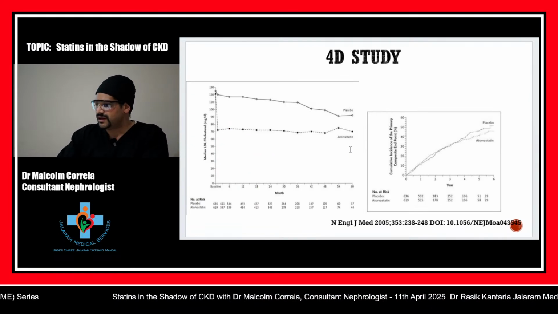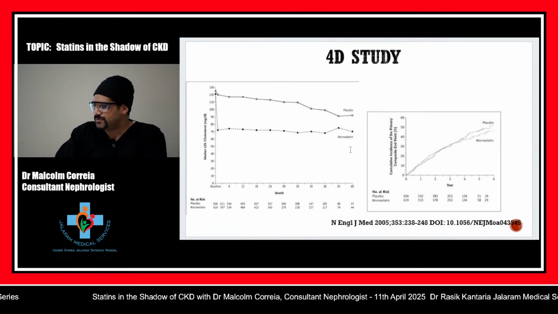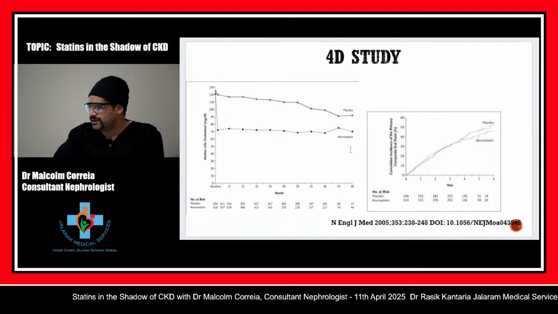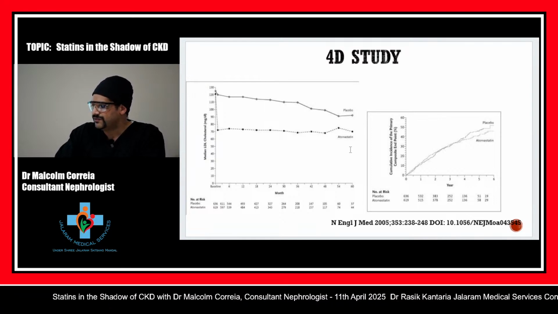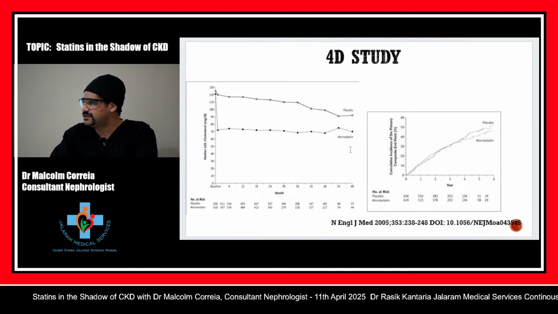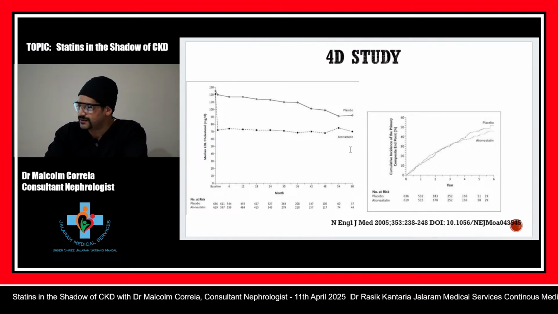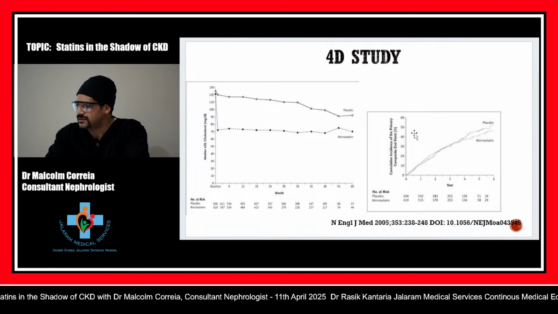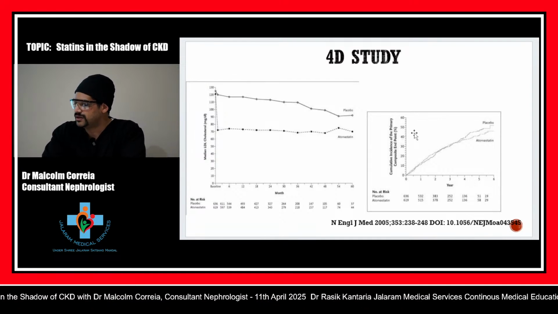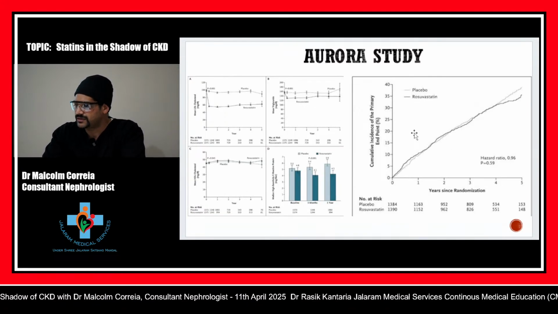You can see that when the patients were on the statin, if they were not on dialysis, there was a good effect. But if they were on dialysis, there was no change in the cardiovascular risk and disease.